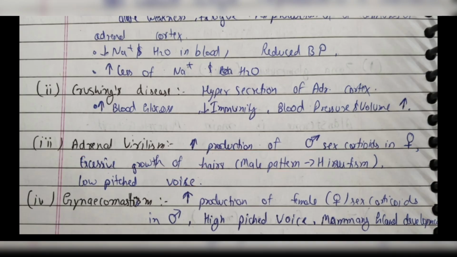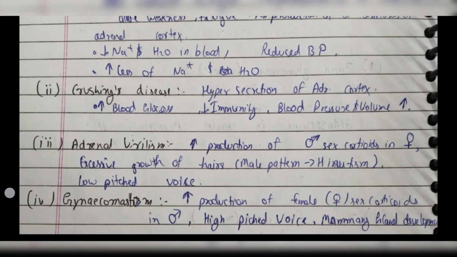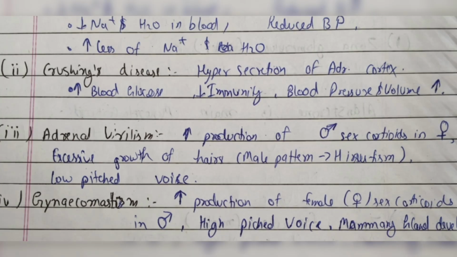The last of the adrenal gland cases is gynecomastia, or increased production of female sex corticoid in males. High pitched voice and mammary gland development are its two effects. That would be all for today's part. It covers complete disorders in the chapter chemical coordination and integration.